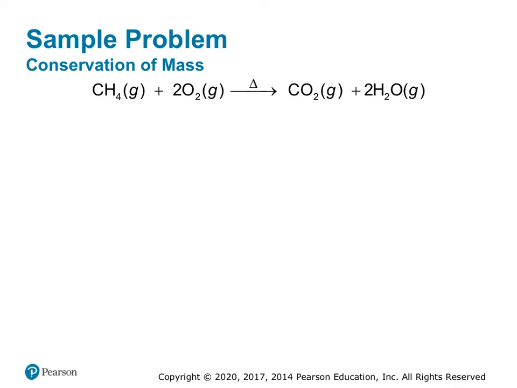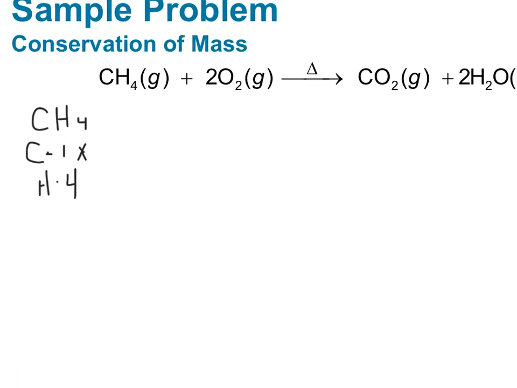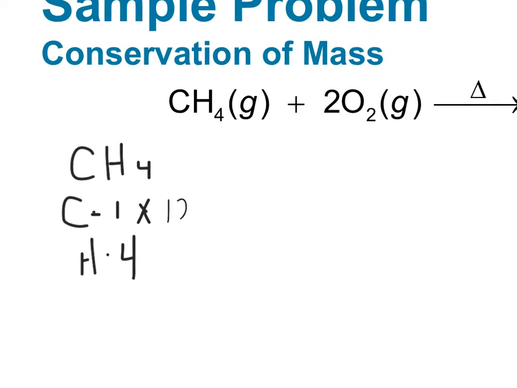So the first thing we want to do is find the molar mass of all the reactants and all the products. So we have CH4, carbon and 4 hydrogens. Molar mass of carbon being 12.01 and hydrogen being 1.01.